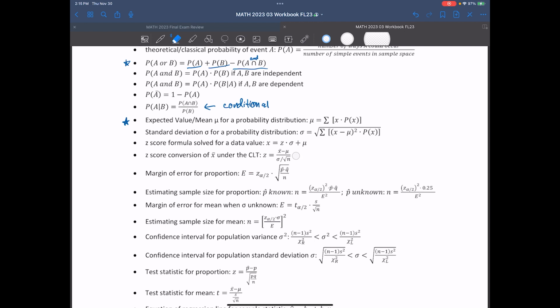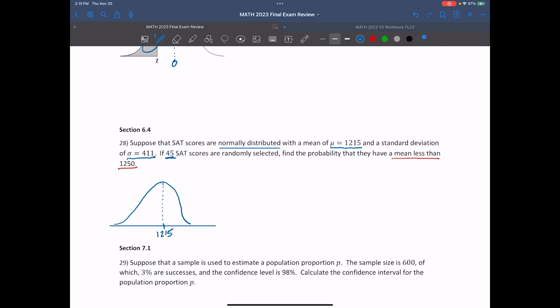Oh yeah, right here, we are given the central limit theorem. That is our z-score conversion under the central limit theorem, which is when we have a large sample size. So we need to do x bar minus mu divided by sigma divided by the square root of n. So z is equal to x bar, which is the mean we're looking to find, minus mu, divided by sigma divided by the square root of n.